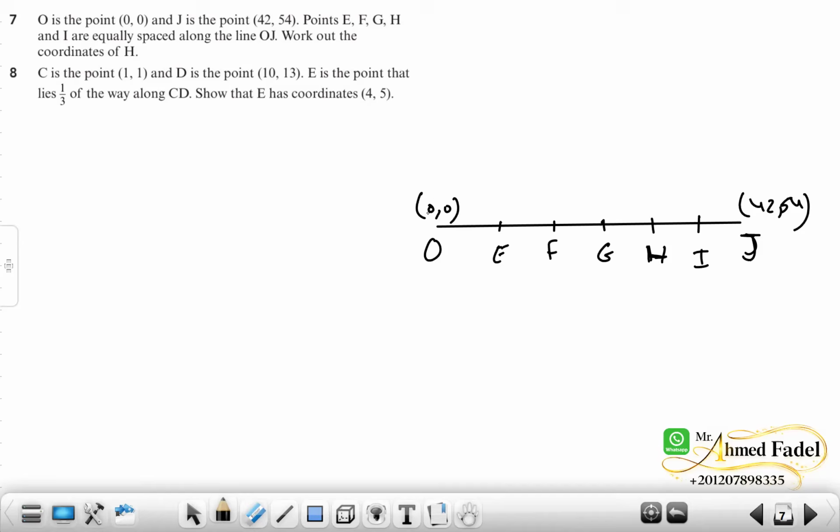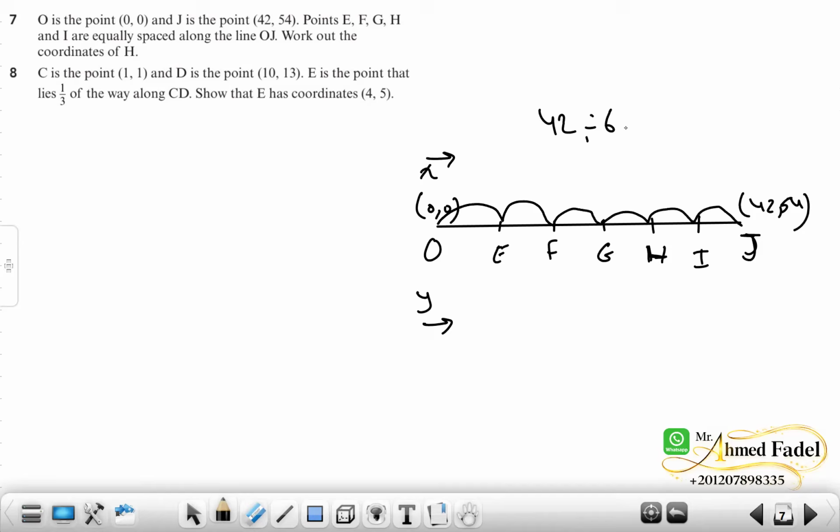The X, let's talk about the X. What is happening to the X every time? And what is happening to the Y every time? Look at this. For the X's, it increased by 42, but 42 divided by what? How many parts? I have 1, 2, 3, 4, 5, 6 parts.